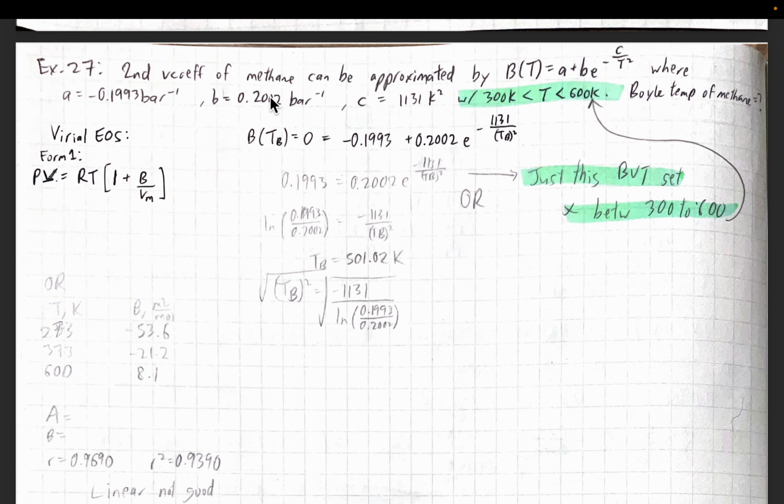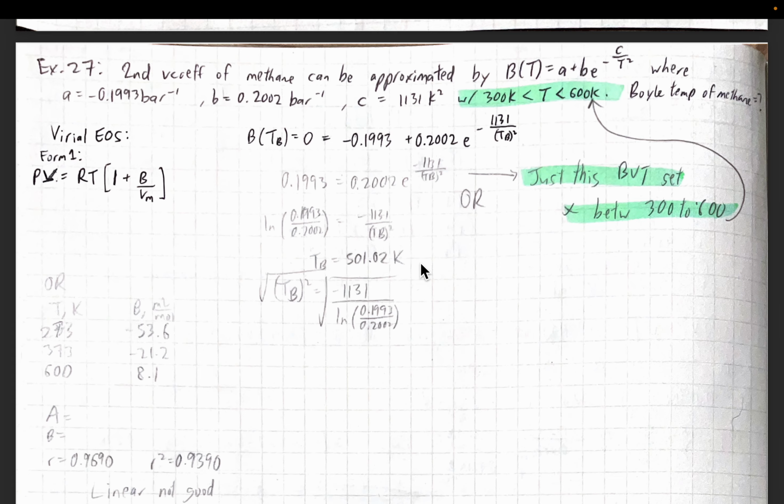We have the A and B values as well as the C. We substitute basically. I think that's it. Yeah, as simple as that. We're given the A, B, and C values, and we have this function. Substitute, plug and play, find the boil temperature. That turns out to be 501.02.